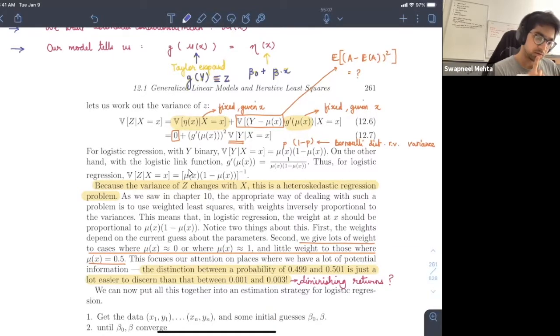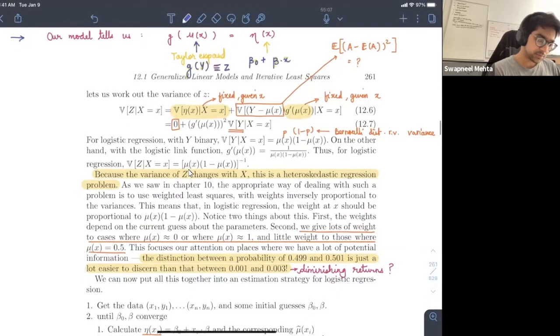Shouldn't be right. Interesting. So it comes outside the expectation because they treat it as a fixed value, but isn't the conditional mean not a function anymore because y is a 0, 1 random variable conditioned on x?